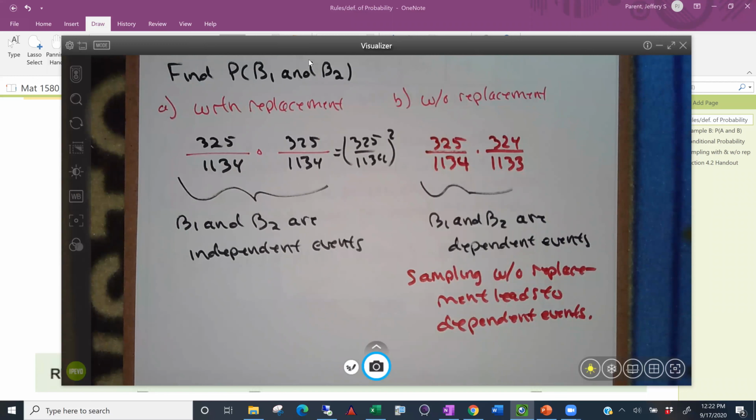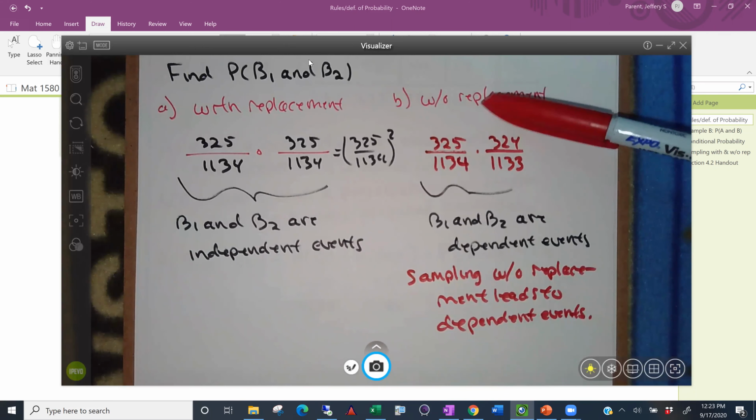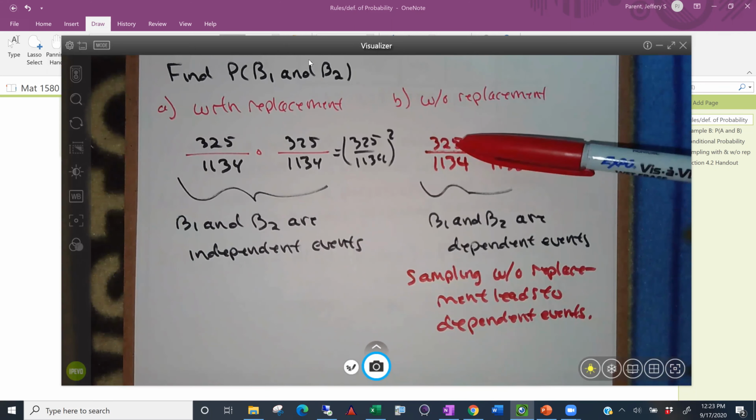Wait, so why did you take away one from the replacement without the replacement? All right, so the reason we took away the one was because we're sampling without replacement. So after we took this person out, there's one less person in the table.